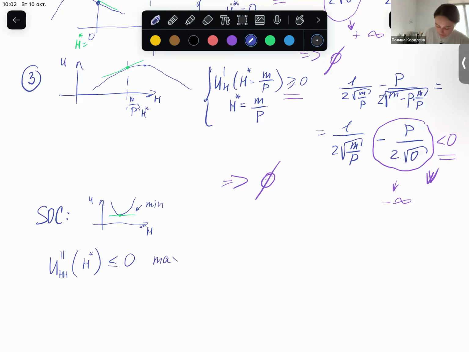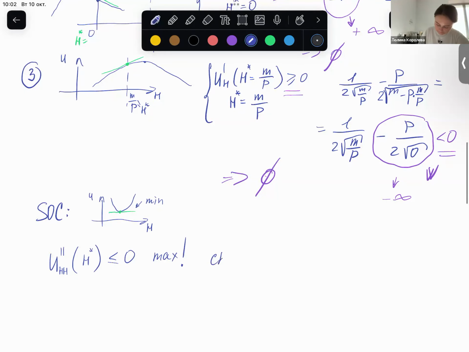Then it will be maximum, and we should check it by calculating.